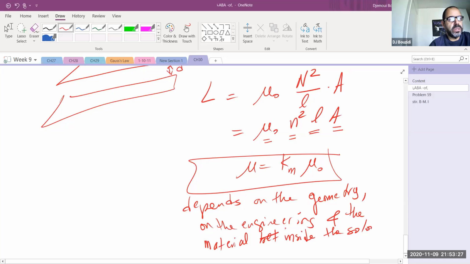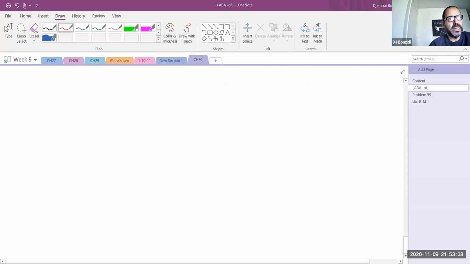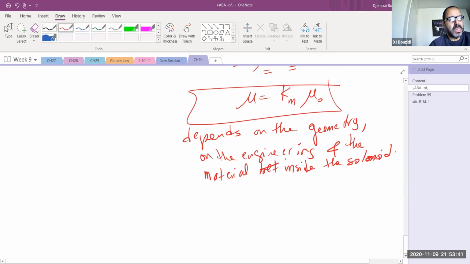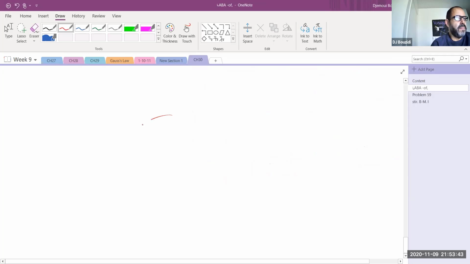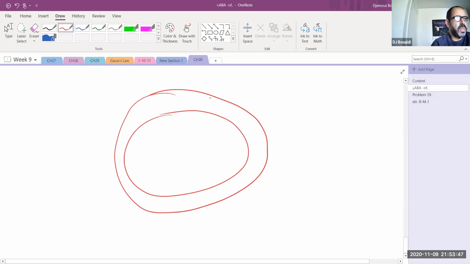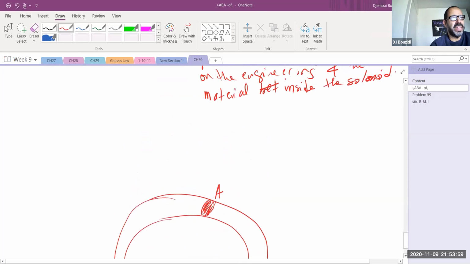I know I did a long solenoid, okay? I did this long one, but it's the same concept even when we do it for the second one. It's the same idea, because in that case, it's this area in here. This is the area that we are concerned about. Okay, so this is the area in this situation.